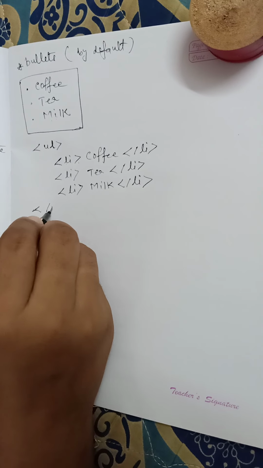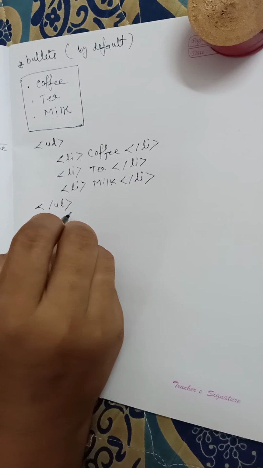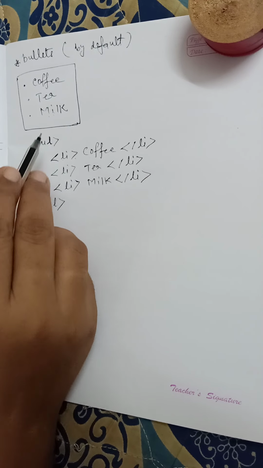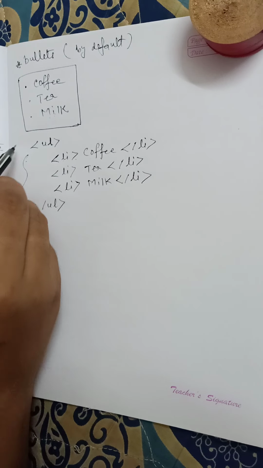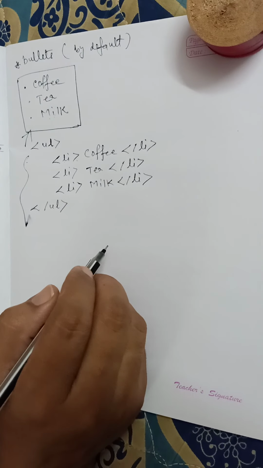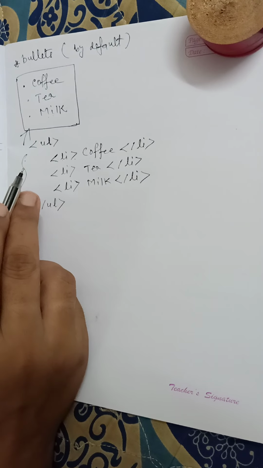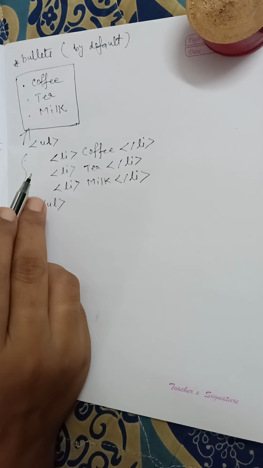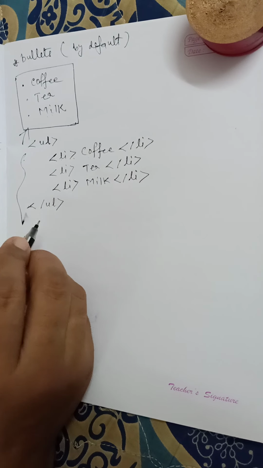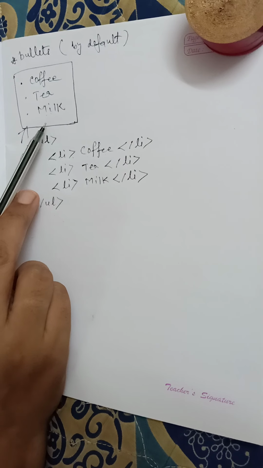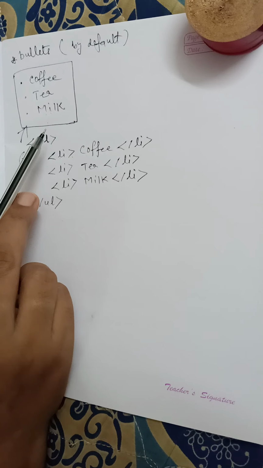Now I will be closing the UL tag. So for this much of code, this is my output. I can have as many lists I want, as many items I want to be included in list. That depends on me. So here I have taken a small example of 3 items only.